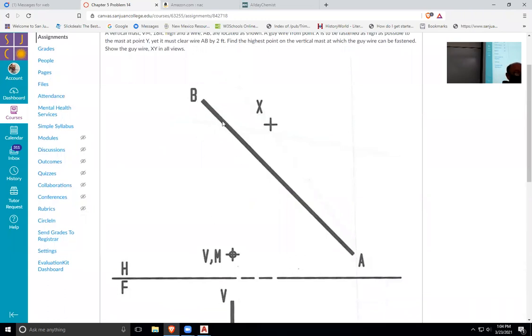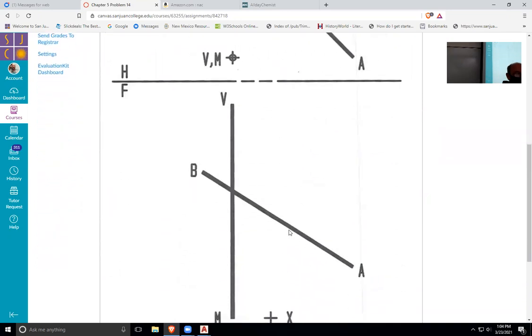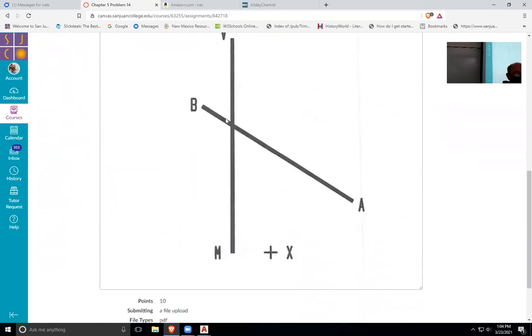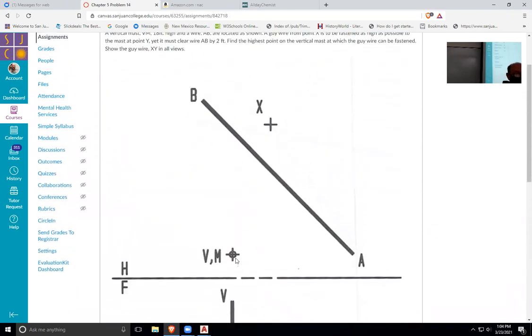It has to clear the wire vertically, right? So if I draw this line from X and put it along this VM line, it's got to go above line AB by 2 feet.